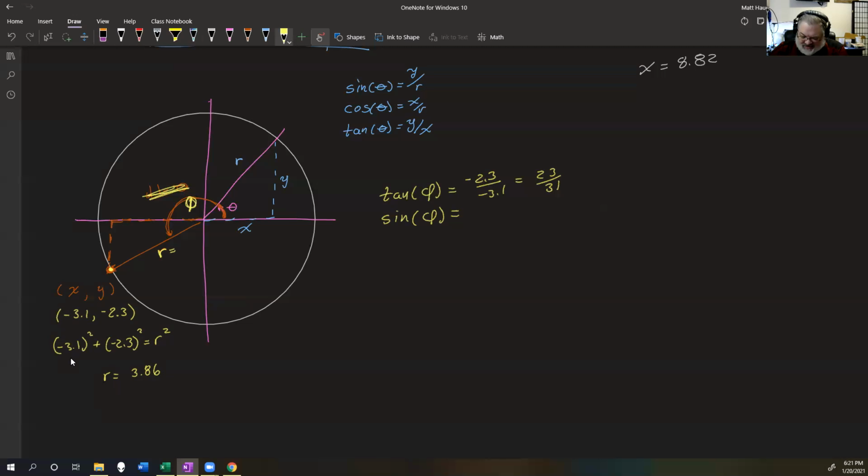I'm grossly approximating these: this is going to be like 9, and that's going to be like 6. So 15, the square root of 15 is almost 4. That seems reasonable.